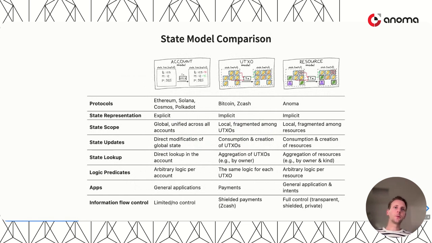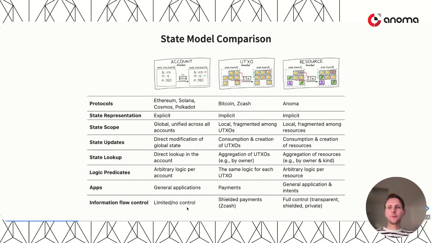Whereas in the resource model, you can, as we already mentioned, associate arbitrary logic with each resource. What does this mean? In the account model, you can have general applications, whereas in the UTXO model, you just can do payments. In the resource model, however, you can have general applications, and moreover, you can also have intent-centric applications, which we'll discuss later in detail.